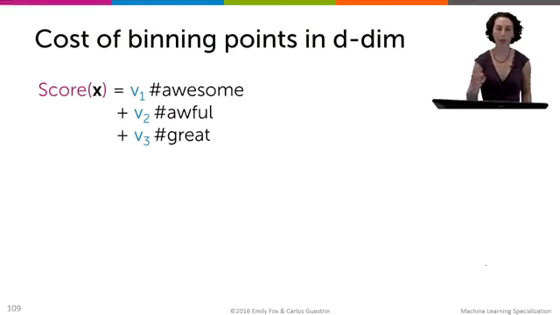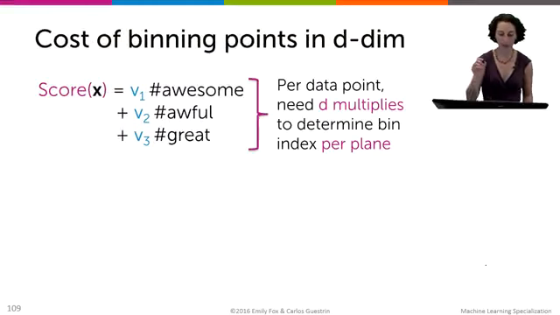And so now I want to talk about what's the cost of binning our points in this d-dimensional space. Well, remember that for each one of our data points in d dimensions, we need to determine the bin index per plane that we're throwing down.